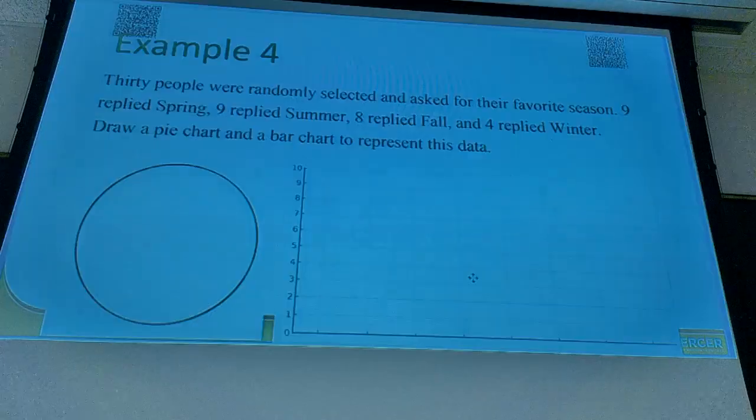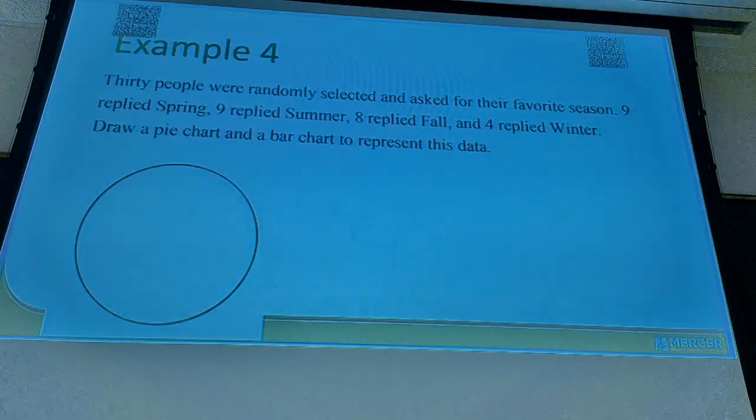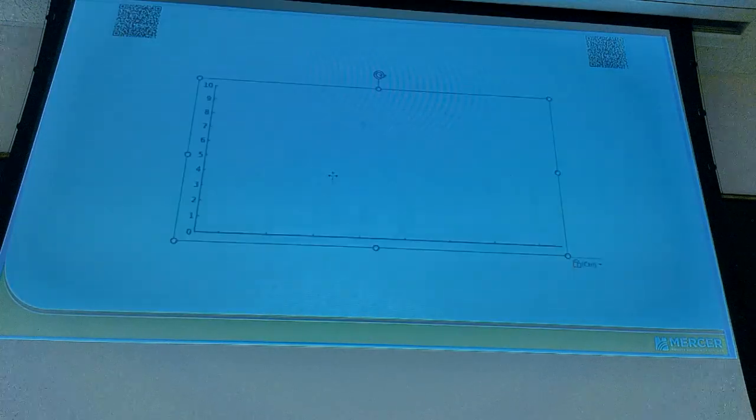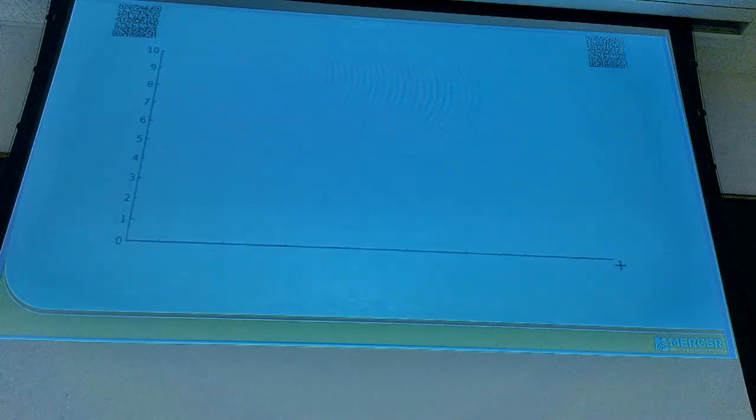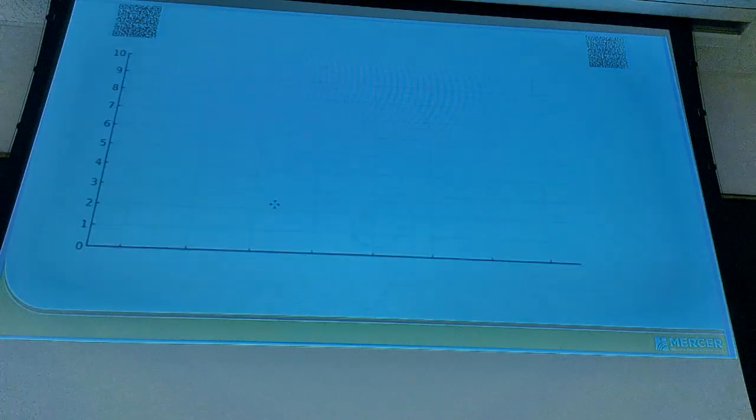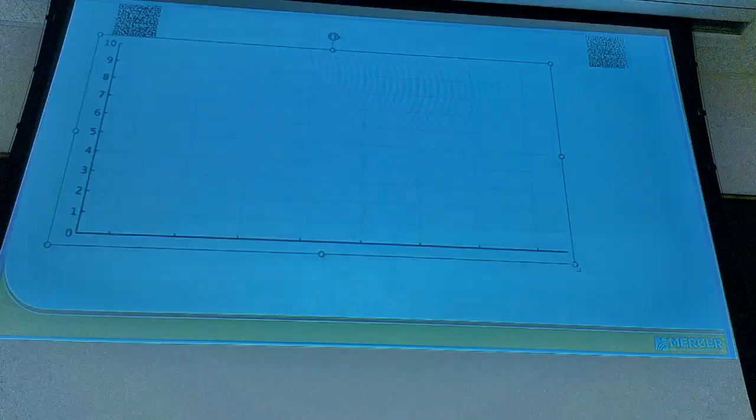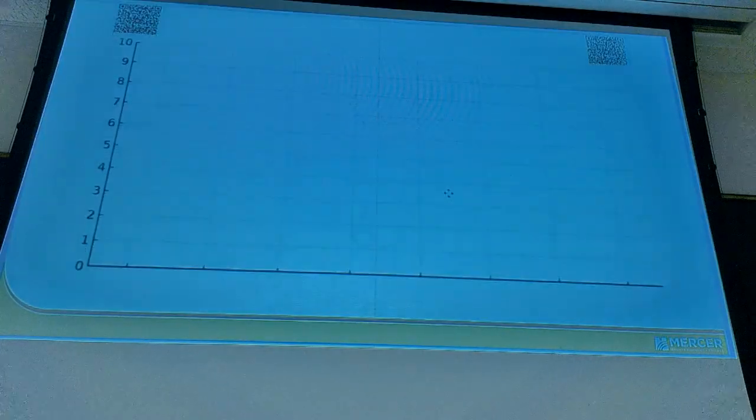What you want to do is actually just move this to a different slide. Do it this way.